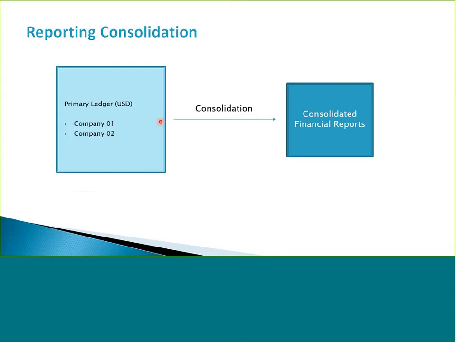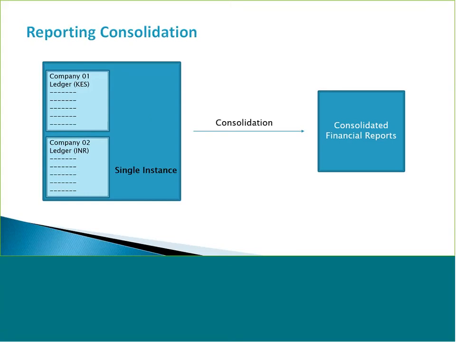So in our case, we have Maskani developers and we have Maskani property management. So those are two companies, but they exist on the same ledger, just as different balancing segment values. So reporting consolidation will allow us to do combined reporting for those companies where we don't have to do any kind of data transfer.